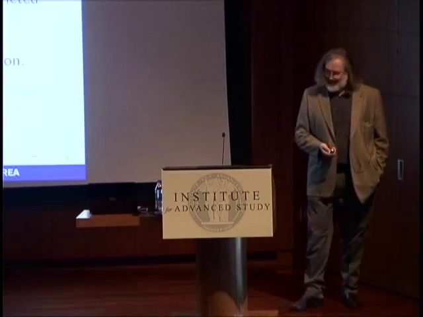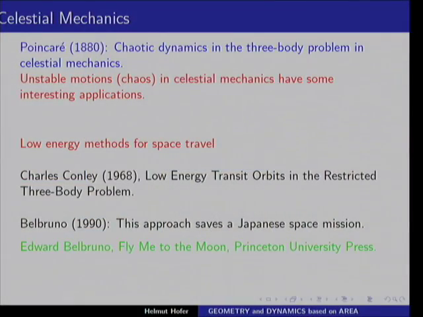So in 1968, Charles Conley, who made contributions in a lot of pure mathematics, was thinking about how we can get a body from the Earth to the Moon by using less energy than any method known at this point.